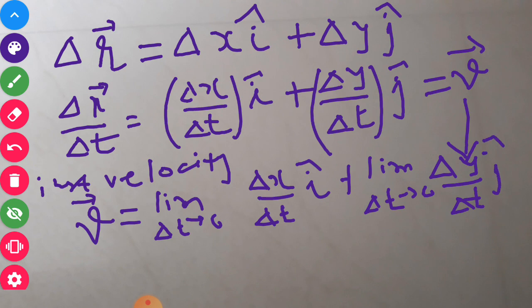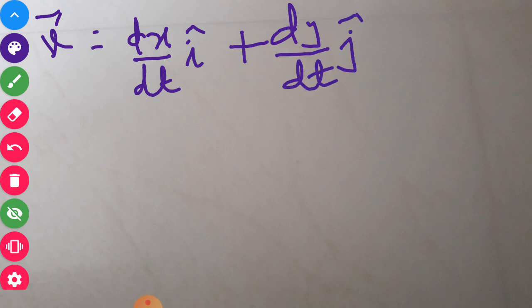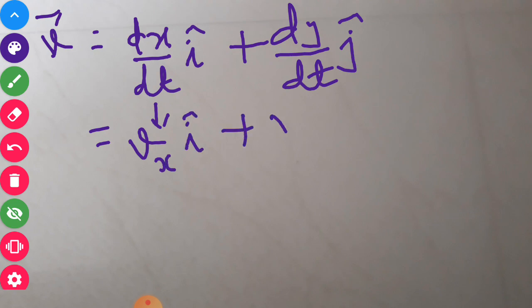So delta x by delta t is nothing but dx by dt. We can write instantaneous velocity is equal to dx by dt i cap plus dy by dt j cap, where dx by dt is the x component of instantaneous velocity, so it can be vx i cap plus vy j cap. So this will be the equation of instantaneous velocity.